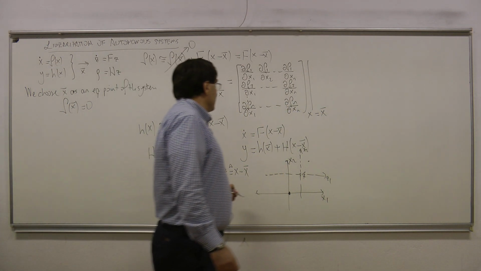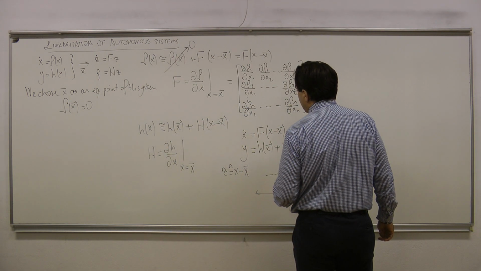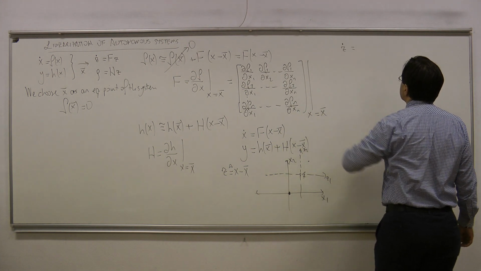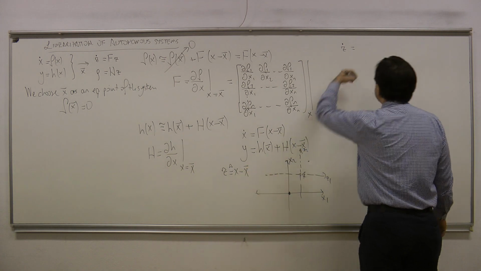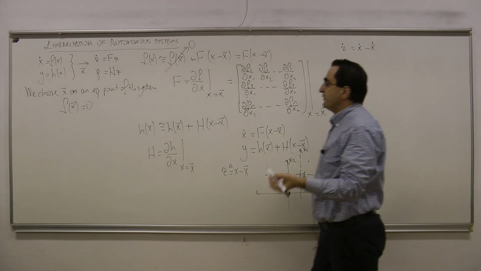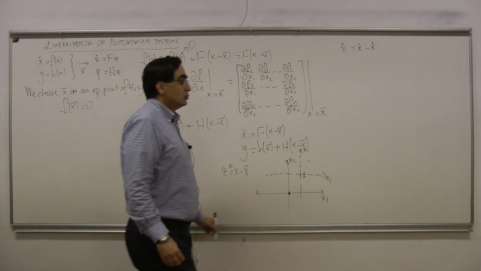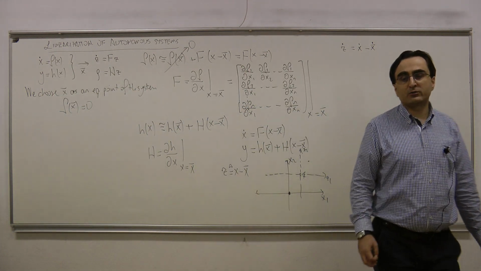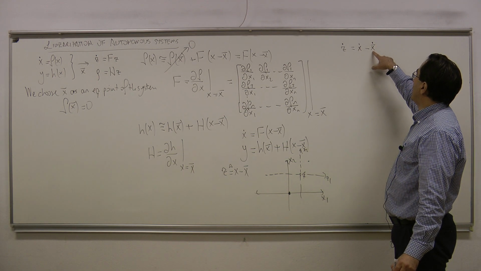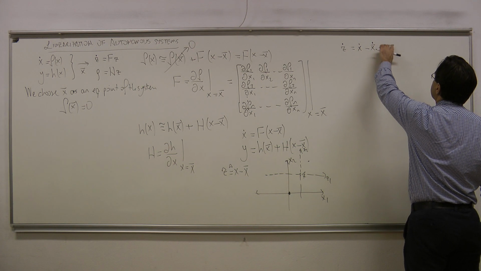So using this definition, I can actually try to write the first equation. In that case, I can take the derivative of z, the new state vector. It would be x dot minus x bar dot. But x bar is a fixed point in time. So x bar is a constant equilibrium point and it doesn't change with respect to time. That means that the time derivative of x bar would be equal to 0. So this is just x dot.